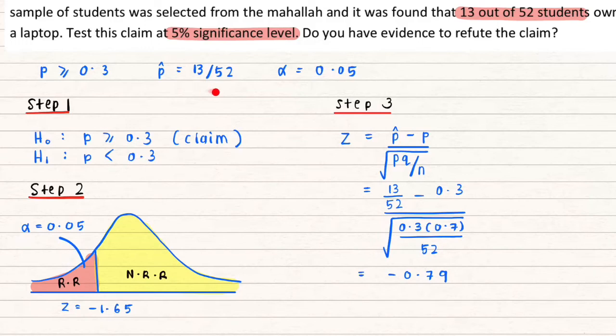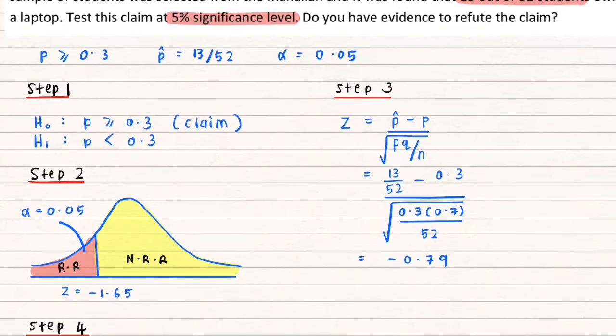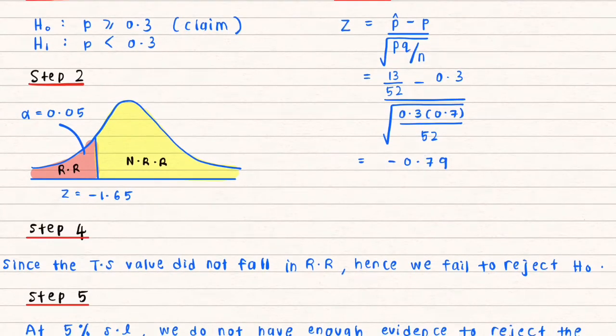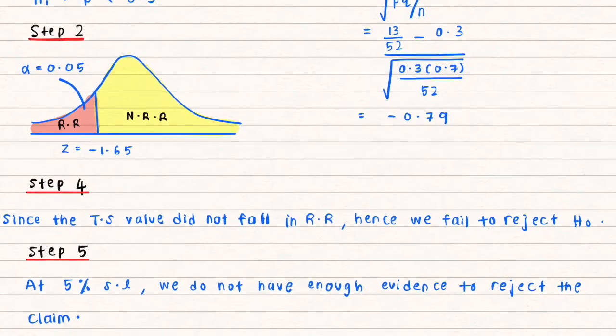P hat is 13 over 52, minus P is 0.3, over the root of P 0.3 times Q 0.7 divided by N, which is 52. Calculate all this and you have the answer negative 0.79.